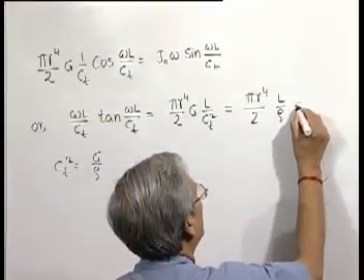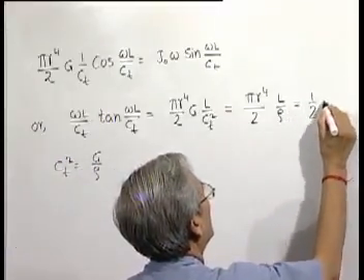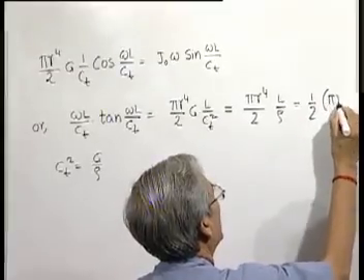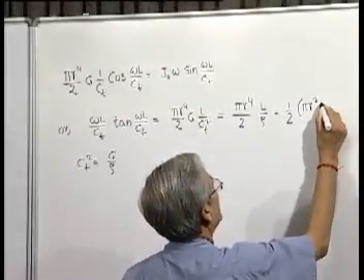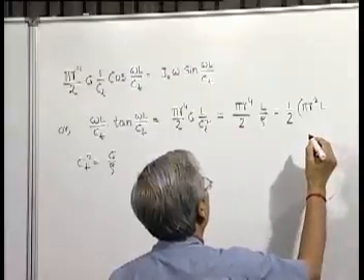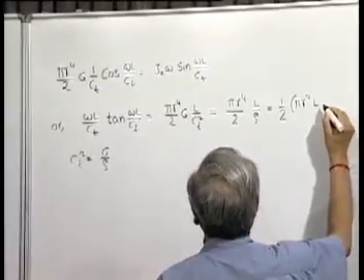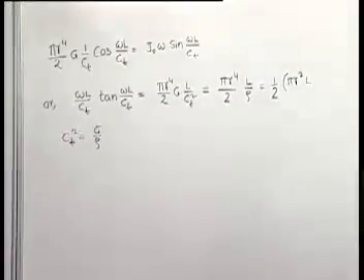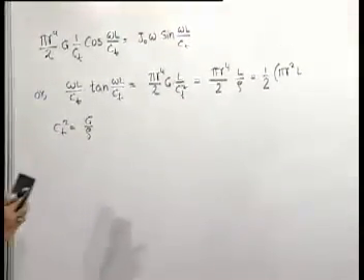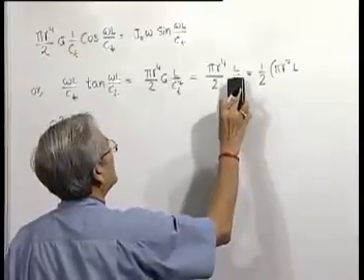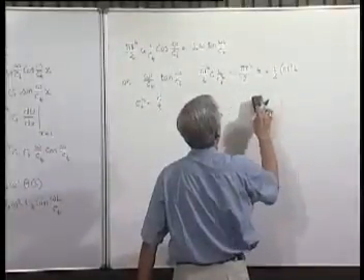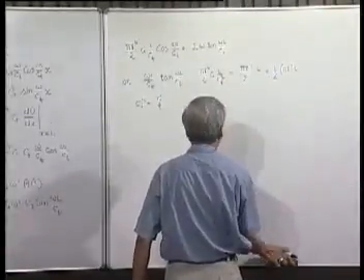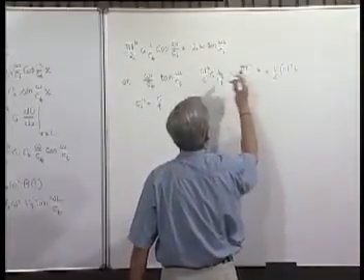This will be half pi r square into L into L square G by rho should go.